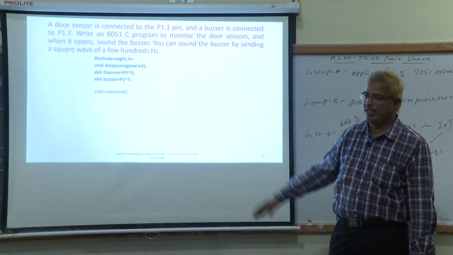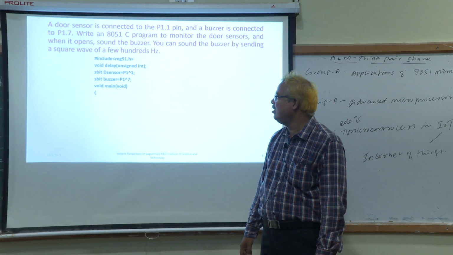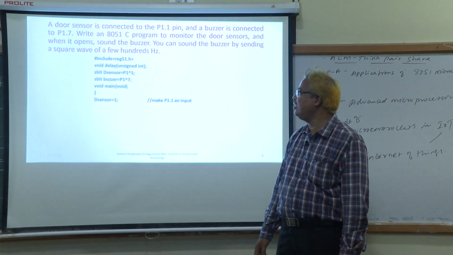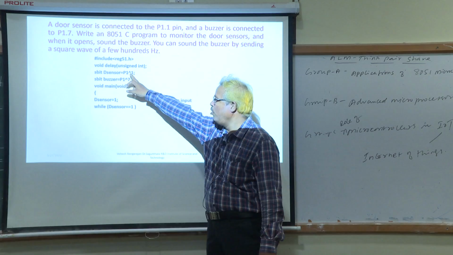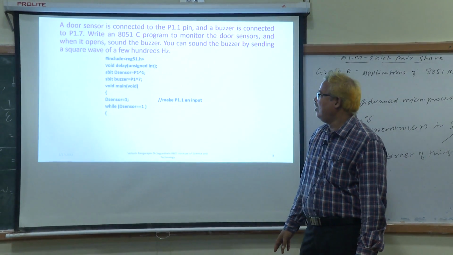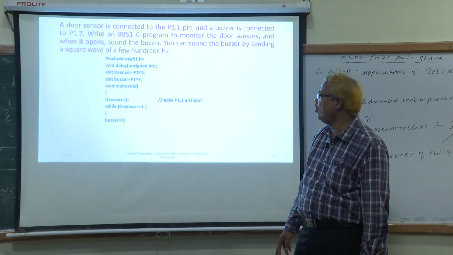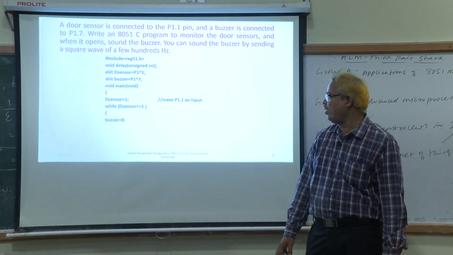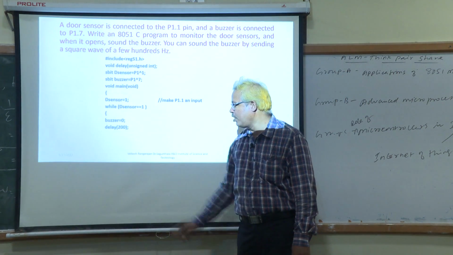The program starts with including the register file reg51.h, then declaring the delay function. The door sensor is assumed to be connected to port 1.1. The function starts with void main void, and the door sensor, connected at port 1.1, is set to 1. Then keep checking with a while loop while door sensor is equal to 1.